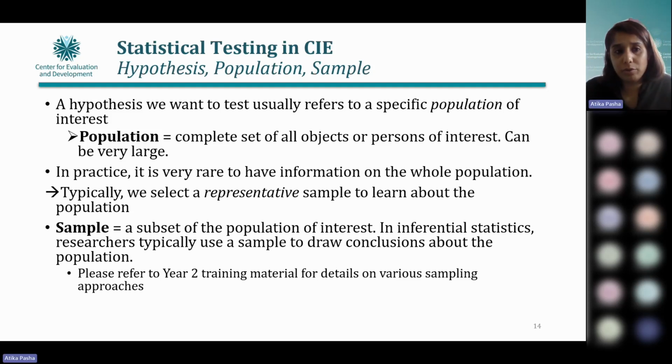We talked about this relatively extensively in year 2, but in order to do so, we take a subsample of the population of interest. For quantitative data, it's generally the case that you rely on random sampling to select your sample from your population.